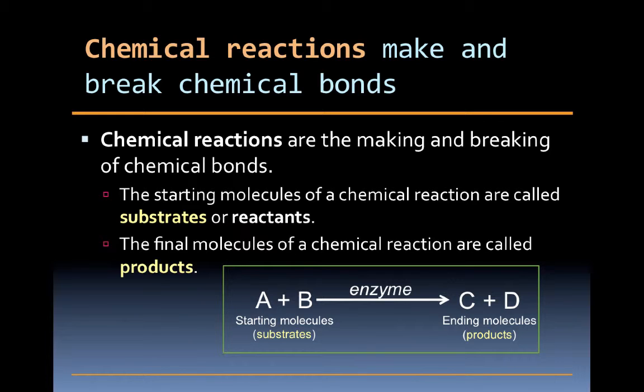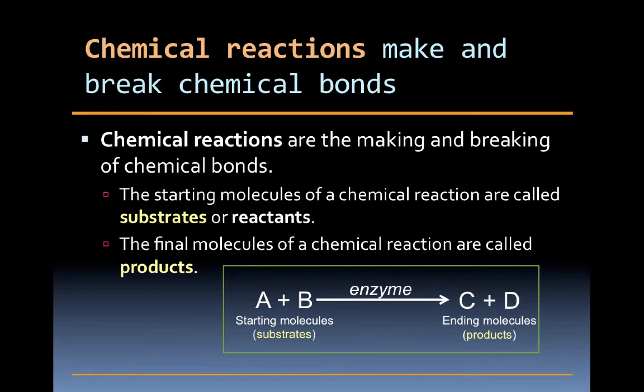When considering an entire chemical reaction, the molecule or molecules that you start with are referred to as the substrates, or sometimes the reactants. There might be one substrate, or there might be two shown in this generic example below, or there might be more.